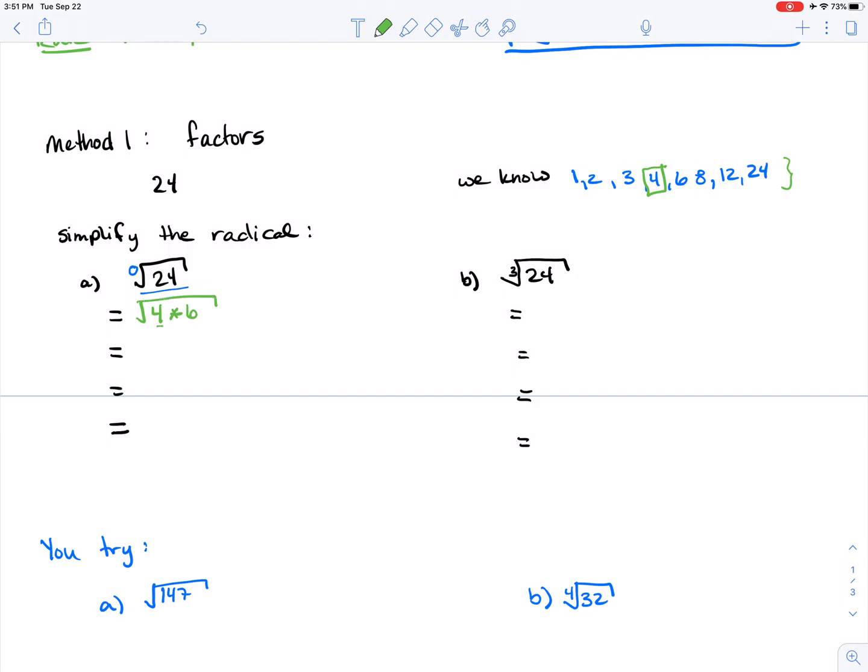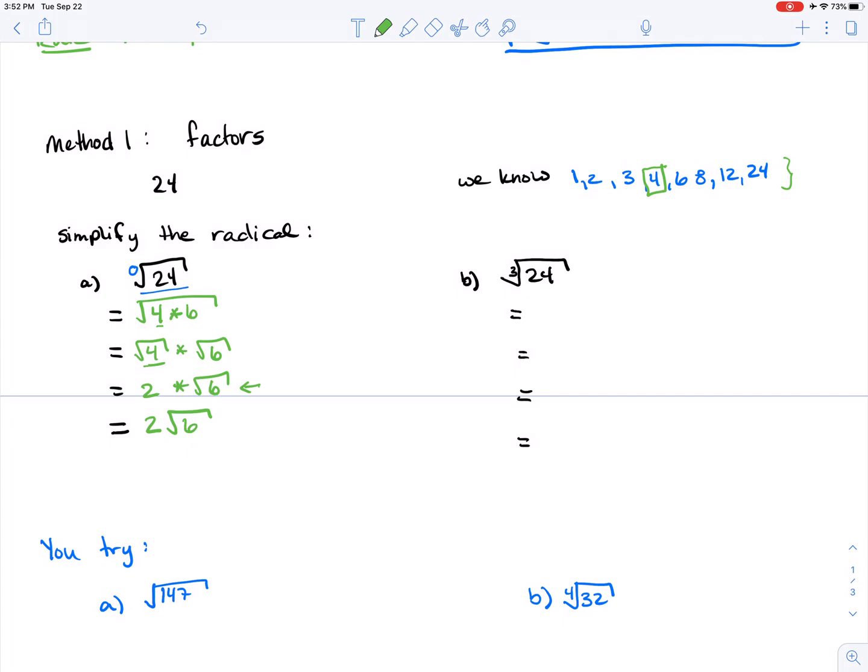I'll be able to pull out my 4, so it's the same as the square root of 4 times the square root of 6, which means I can now solve this, which is 2 times the square root of 6. And another way to write this is simply as 2 square root of 6.